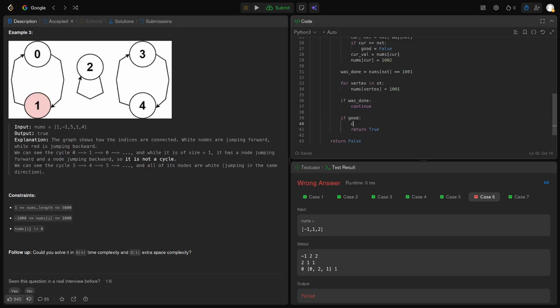So we will have like cur node is equal to what, next, and then we want to do reverse of current node doesn't equal next, and then current direction is, or current value is nums. Yeah, I already reset.